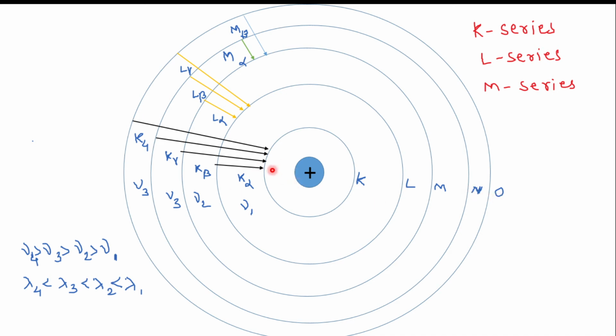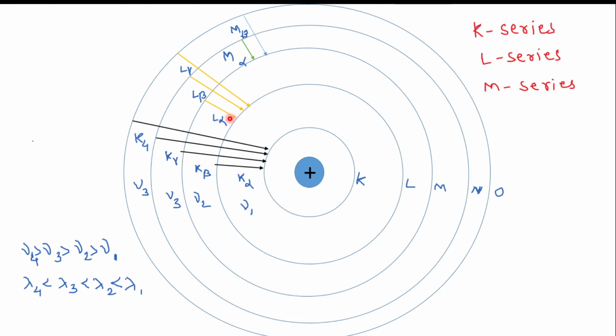So what will happen if the electron falls onto the K shell, from L to K, M to K, N to K, and O to K? Then we will get a series, and that series is called the K series.